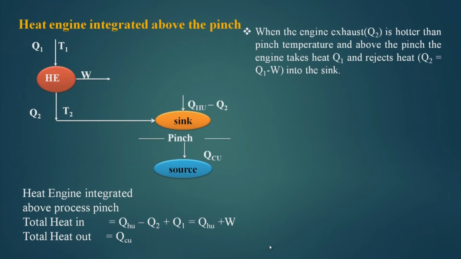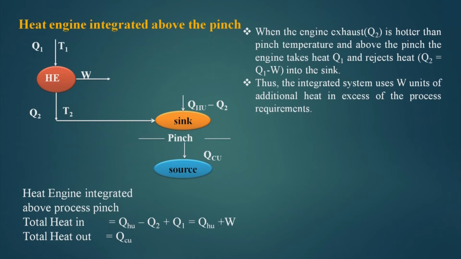When the engine exhaust Q2 is hotter than the pinch temperature and above the pinch, the engine takes Q1 and rejects Q2, which is equal to Q1 minus W, into the sink. Thus, the integrated system uses W units of additional heat in excess of the process requirement.